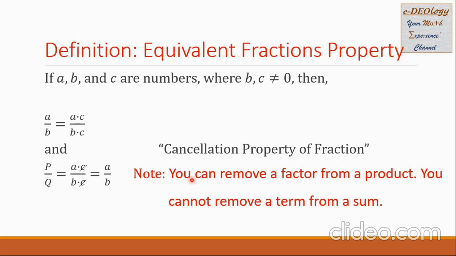There is a note: you can remove a factor from a product. You cannot remove a term from a sum. Later on in the video, we will see the meaning of this note.